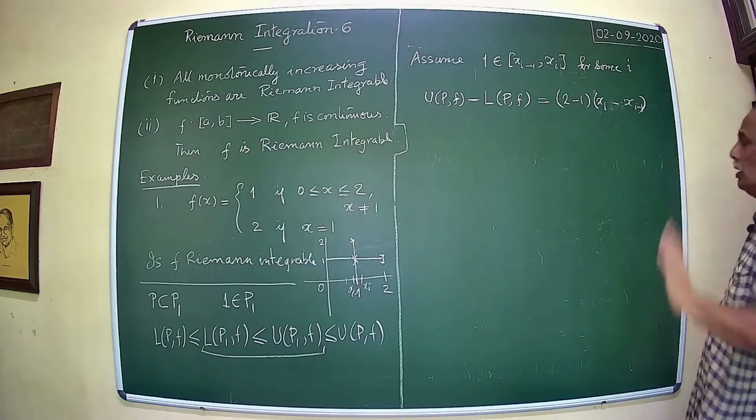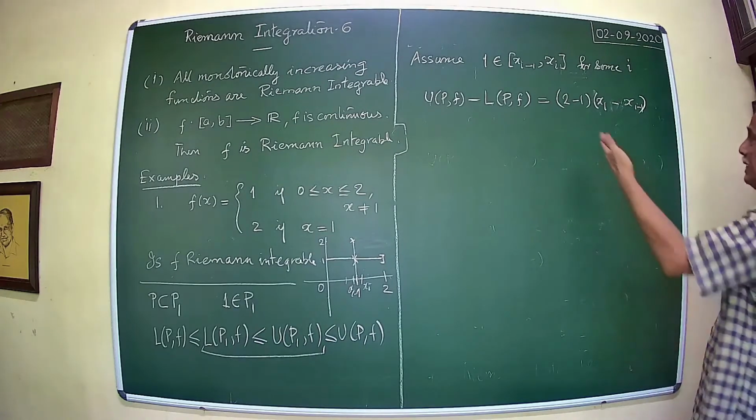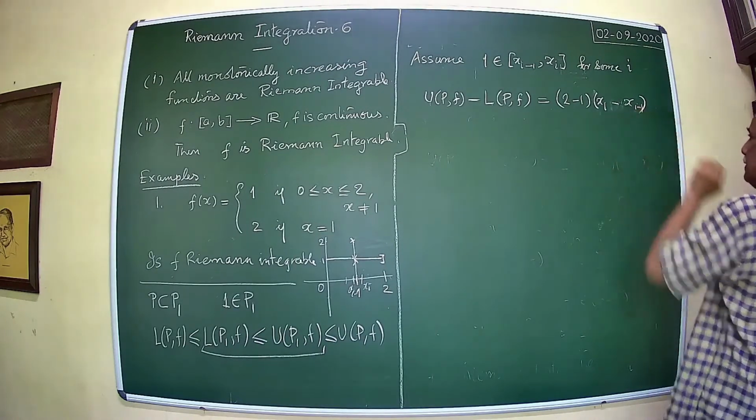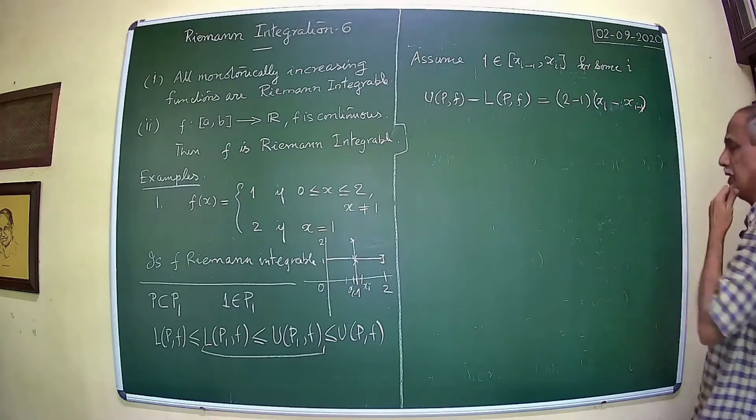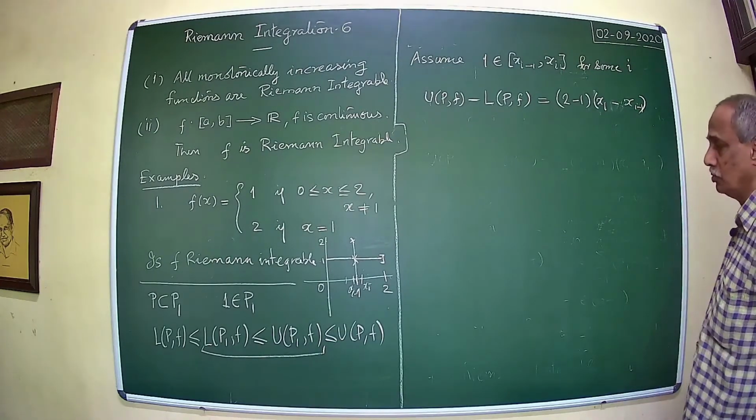Now how do you make this small? You can make this as small as you want by choosing x_i and x_{i-1} sufficiently close.